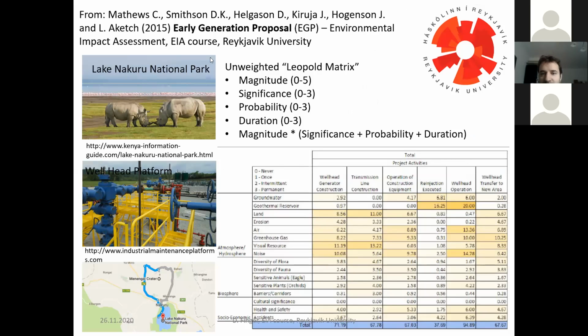They simply created surveys and asked the class how they perceive certain impacts regarding groundwater, geothermal reservoir, land, erosion, air, greenhouses, and then came up with the Leopold matrix, which is in principle a magnitude matrix, and came up with the final impact where they could then identify, first of all, the total impact, and then also identify critical areas that are especially of concern to the general public.